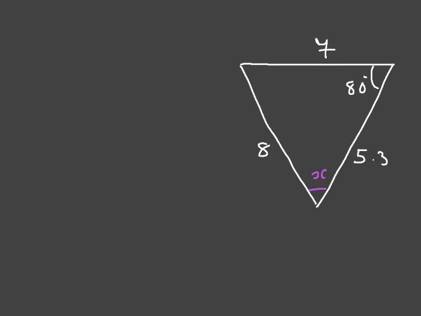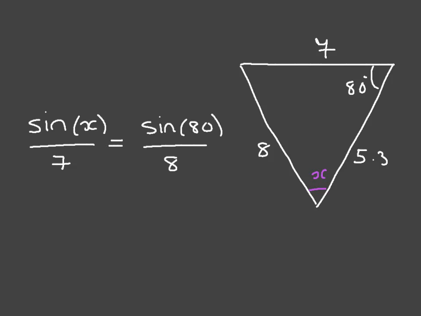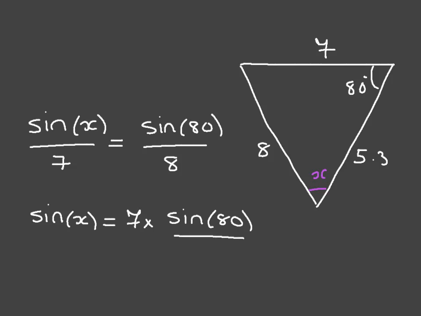We write sine of x over 7 is equal to the sine of 80 over 8. If we multiply both sides of this equation by 7, we can rearrange this to write sine of x is equal to 7 times sine of 80 over 8.